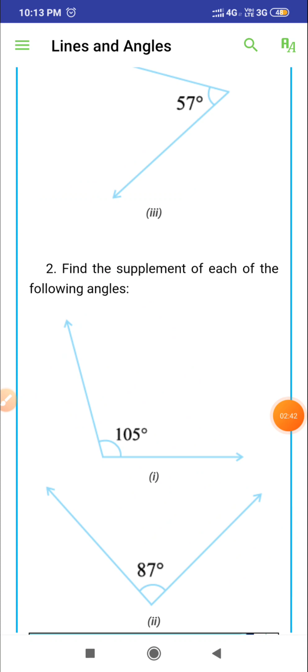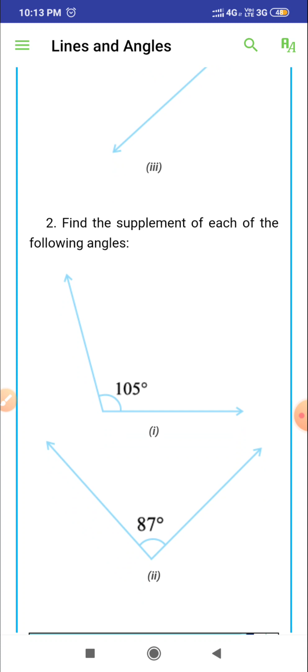Now to our second question: find the supplement of each of the following angles. Supplement means how much we add to the given angle so that their sum becomes 180 degrees. For this we subtract the given angle from 180 degrees, and in our first part the given angle is 105 degrees and we have to find its supplement.